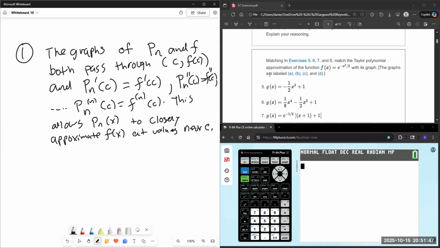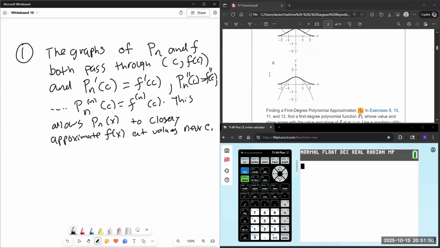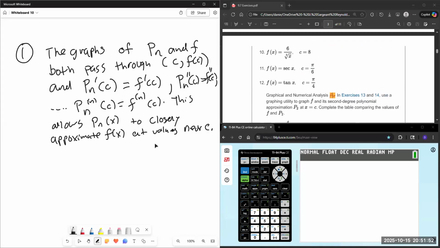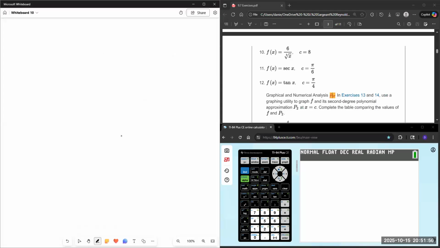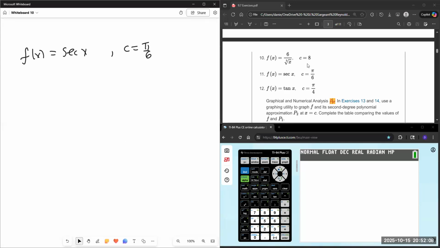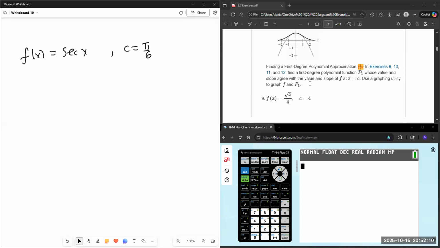Okay, so let's look now at number 11. Number 11 says f of x is equal to secant x, and we're given a C value of pi over 6, and we're asked to find P1, the linear approximation of this. So I only need to find a first derivative, f prime of x.